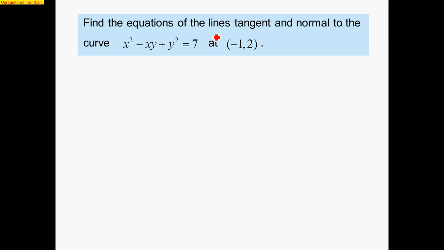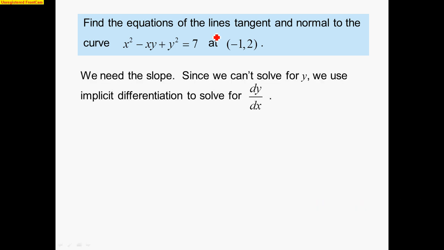So, to find the derivative of x squared minus xy plus y squared is equal to 7, which is not a function. X's and y's are mixed up together. I recognize the need for implicit.